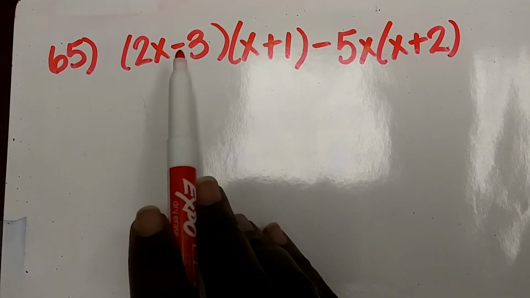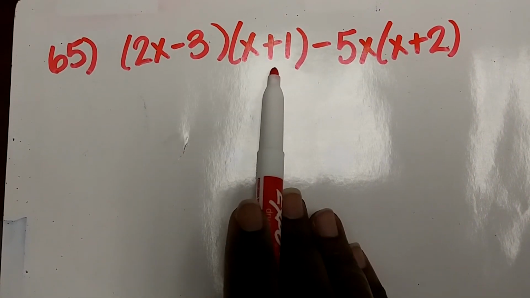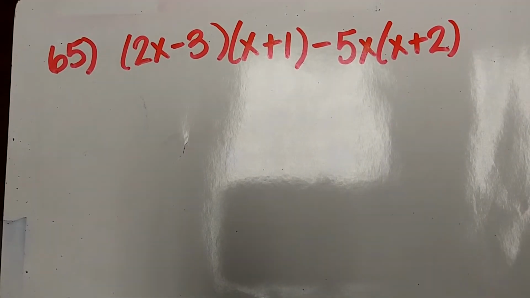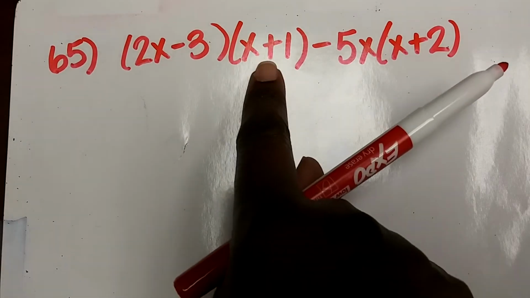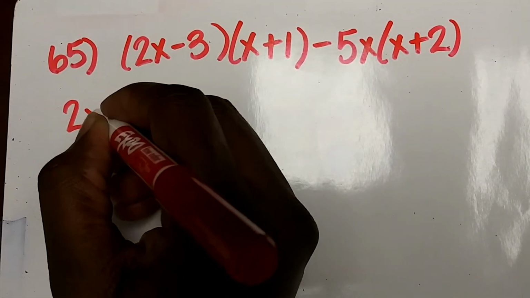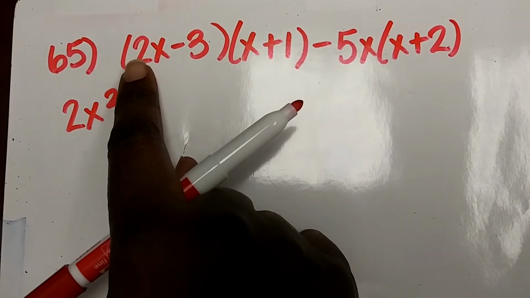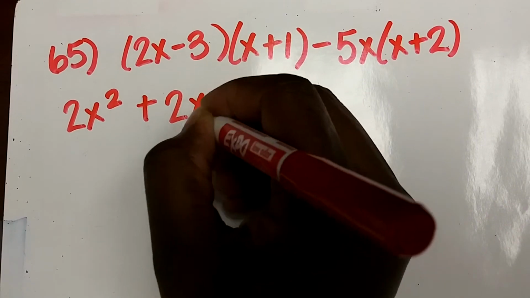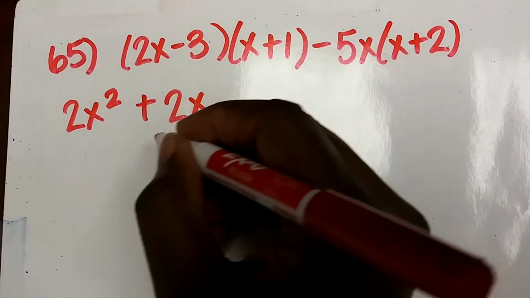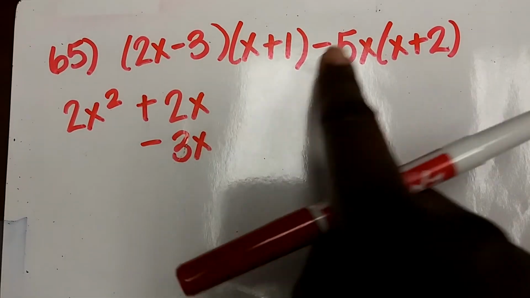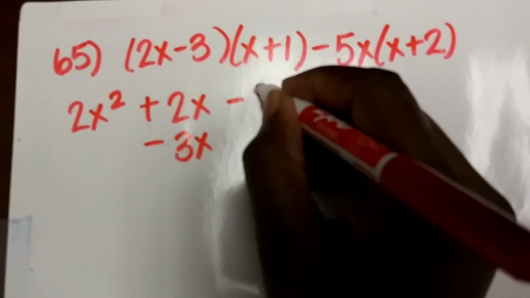If you notice, I'm going to apply the FOIL method on the first two expressions, and then I'm going to distribute the last two expressions. Applying FOIL, 2x times x is 2x squared. 2x times 1 is positive 2x. Negative 3 times x is negative 3x. Negative 3 times 1 is minus 3.